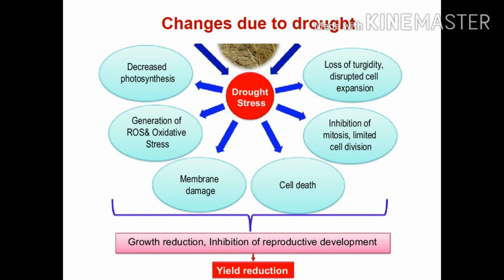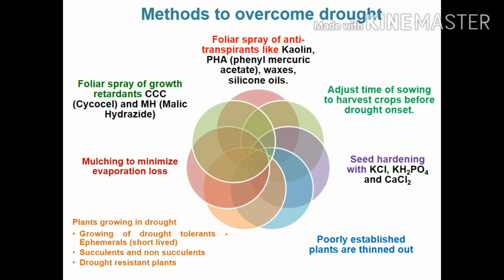And there is damage to the membrane system of the cell, and that will lead to the generation of reactive oxygen species, namely hydrogen peroxide, superoxide radicals and hydroxyl radicals, that leads to oxidative stress, which all help in decreased photosynthesis, and because of this there is a reduction in growth, inhibition of reproductive development, and finally a drastic reduction in the yield.